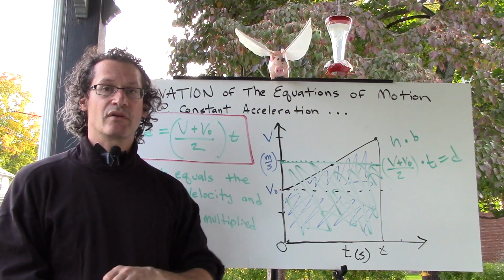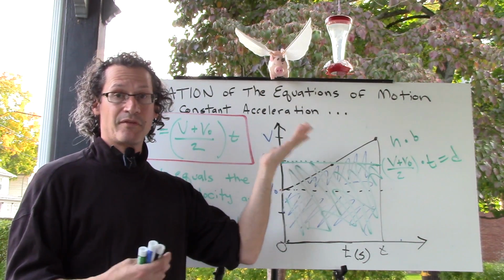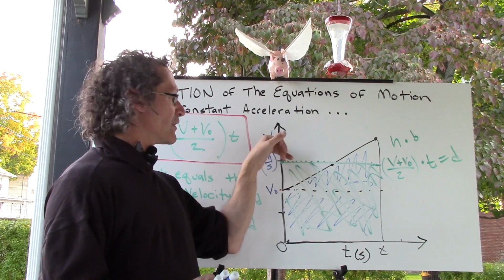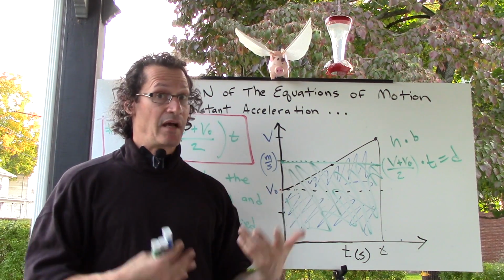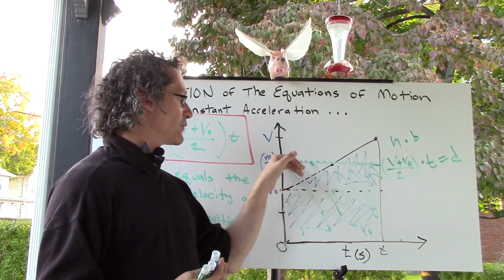I just think it's a little easier to think of it in terms of how we initially approached the help of Phineas and his amazing abilities. We did the average of the two velocities to find the average value of v and v naught, and then over the time interval, we multiplied by the time interval, and we got how far he went.